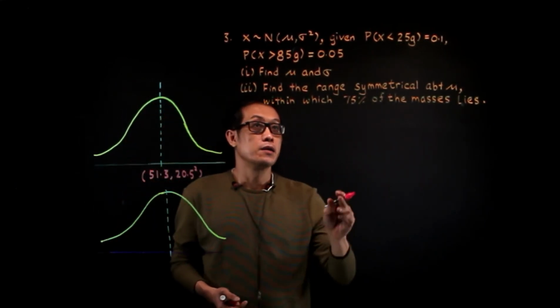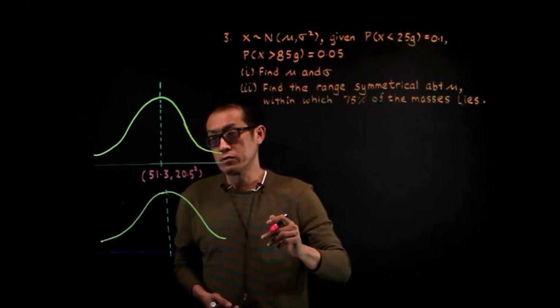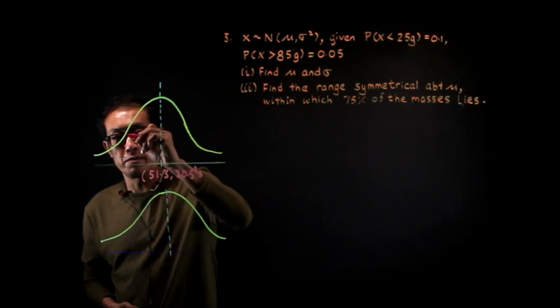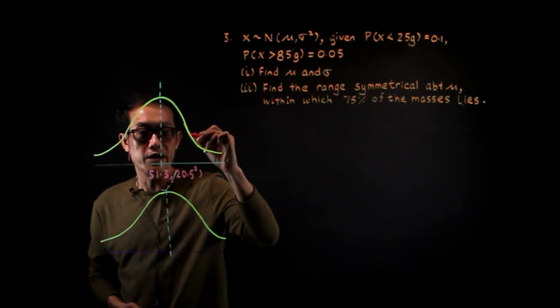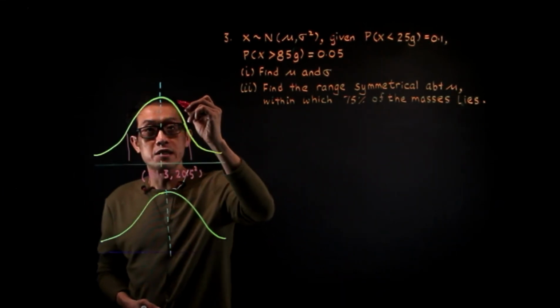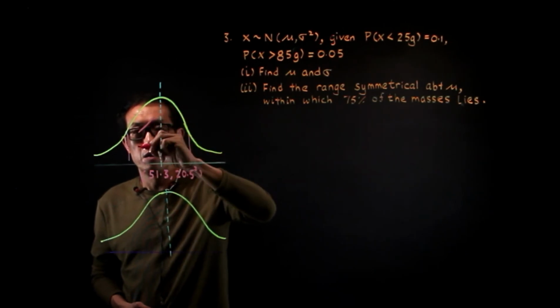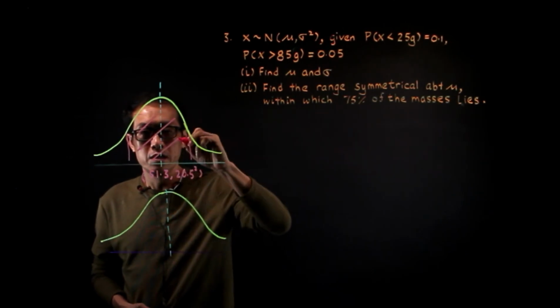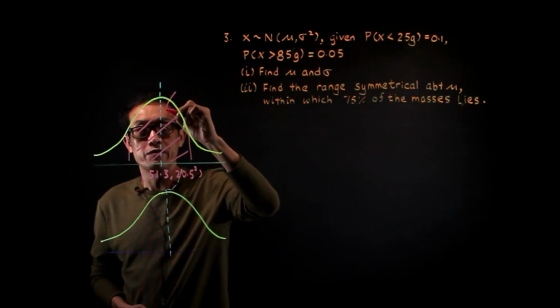So you want the range symmetrical about its mean, where 75% of the masses lie. That means this area here will be 0.75.